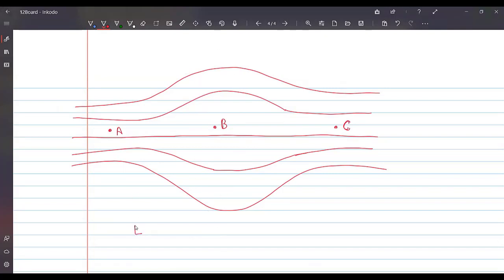So electric field at A is definitely greater than electric field at B. If you take a cross section like this, in the same amount of cross section, A has the most number of lines. So electric field at point A will be greater than at point C, which will be still greater than at point B. As the number density of the lines is lesser here, the value of electric field is less here.